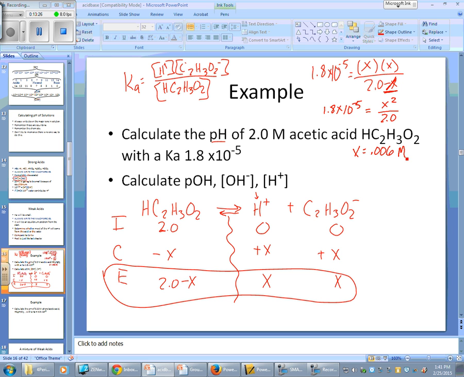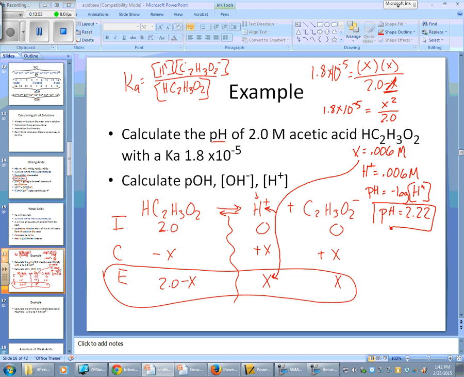That is my equilibrium concentration for hydrogen ions. So H plus equals 0.006 molar, and so now I can find the pH by taking the negative log of that hydrogen ion concentration. And if I take the negative log of 0.006, I get a pH of 2.22.